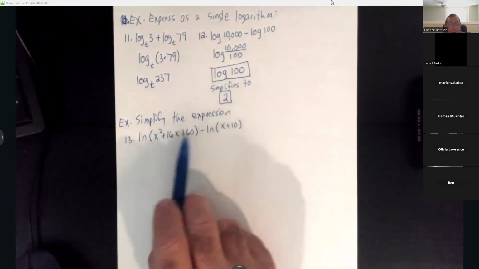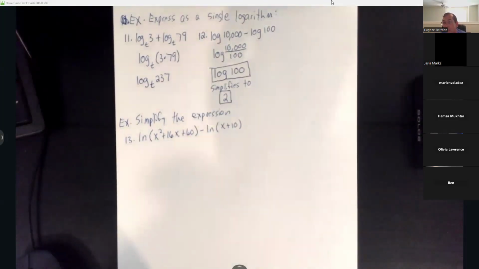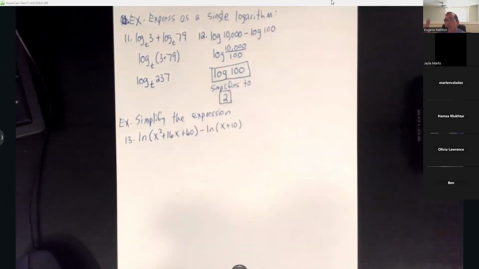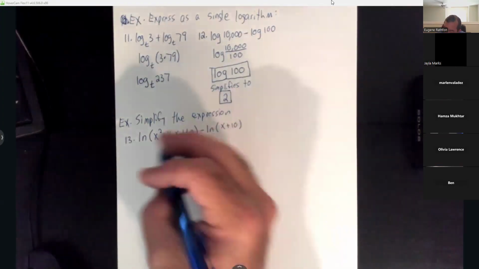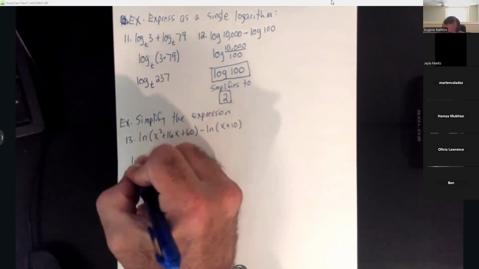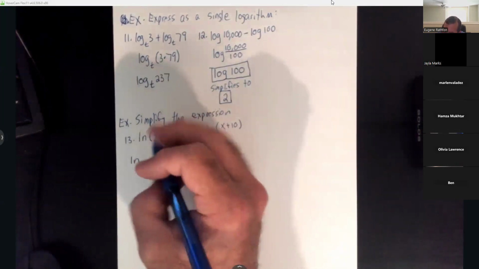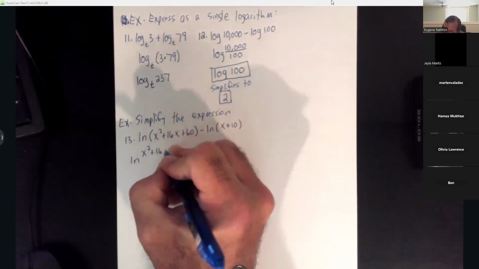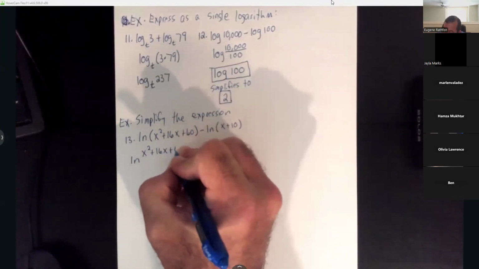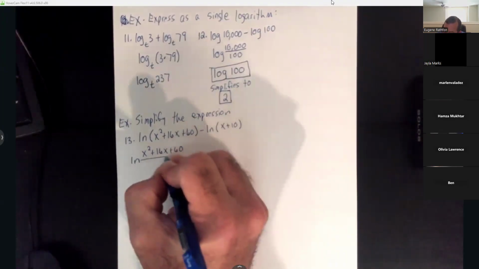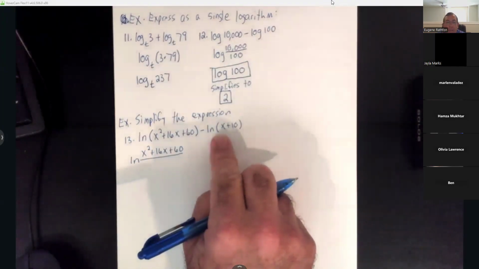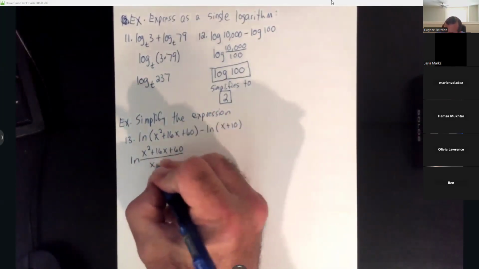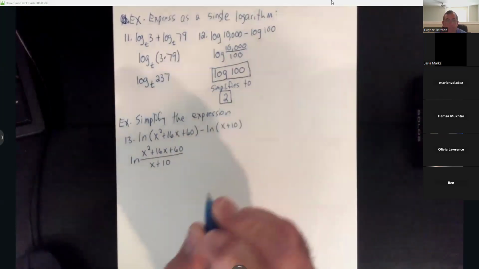So y'all, the first thing I want to do is rewrite this as a single logarithm. And remember, this was being subtracted, so it's going to look sort of like a quotient here. So bring out that ln. The positive factor goes to the top, x squared plus 16x plus 60 over x plus 10. Since it's being subtracted, it's going to the bottom, x plus 10.